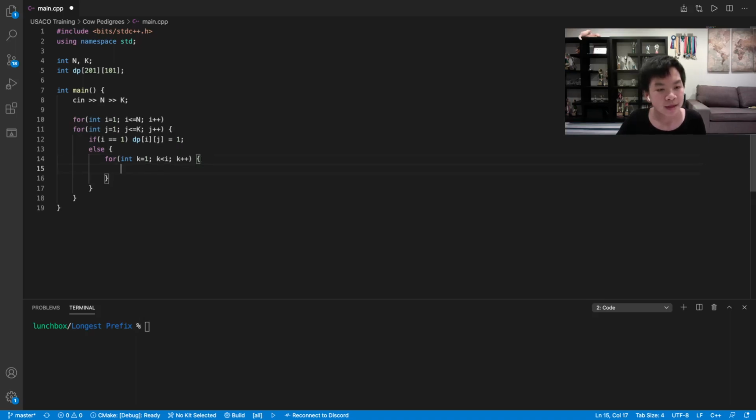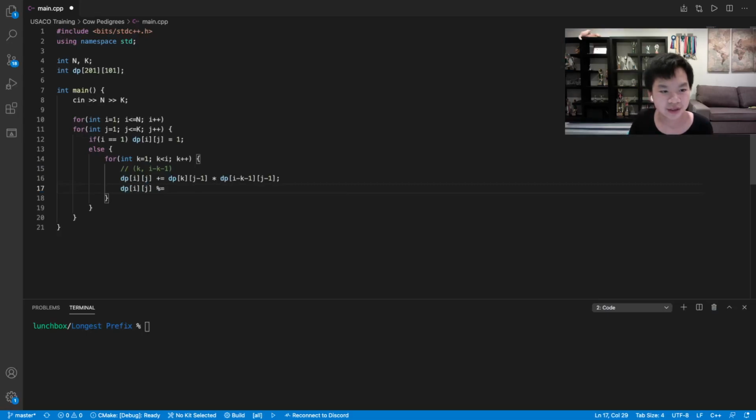So for this case, you know that our first element is k, and our second one is going to be i minus k minus 1. Then your dp of i, j would be, you would add this to dp of k, j minus 1, times dp of i minus k minus 1, j minus 1. And then you would just mod it by what we're given in the input. So we're actually going to mod by this number.